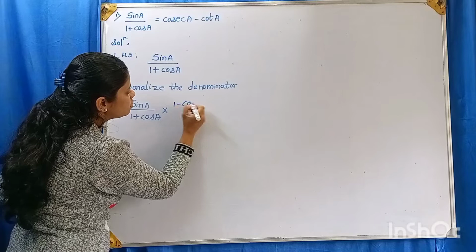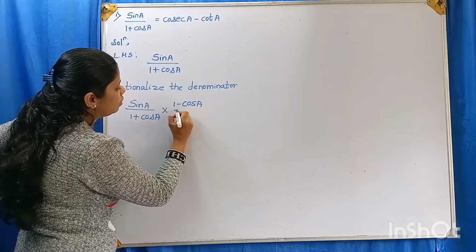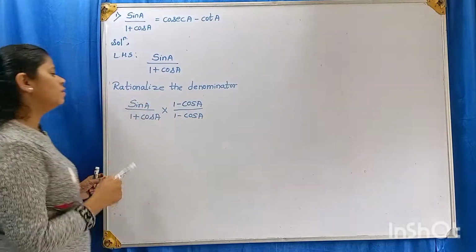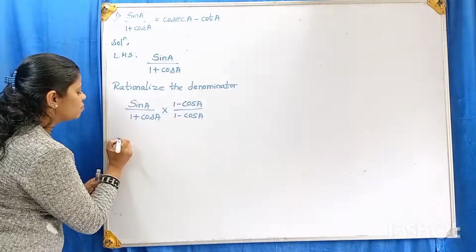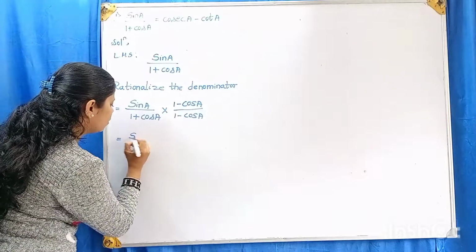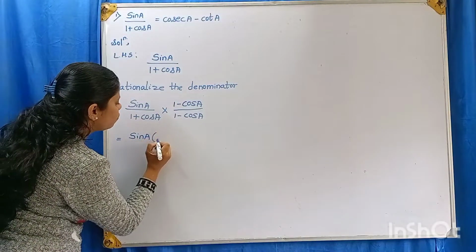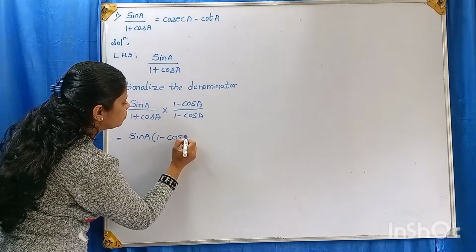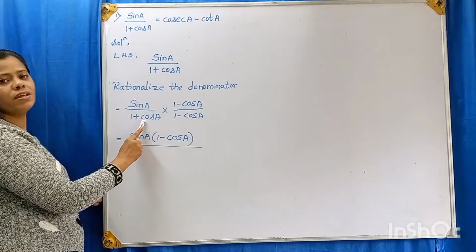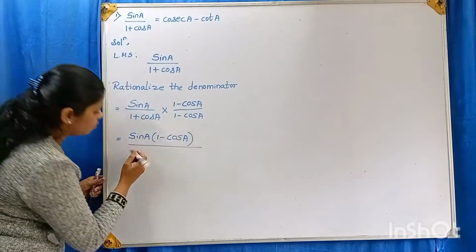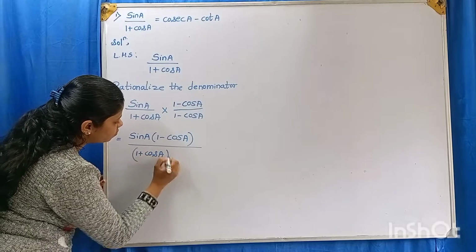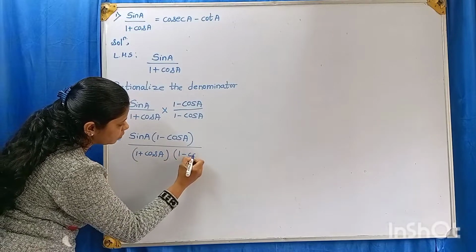That is 1 minus cos A divided by 1 minus cos A. Now, what will it become? Sin A into 1 minus cos A divided by 1 plus cos A into 1 minus cos A.